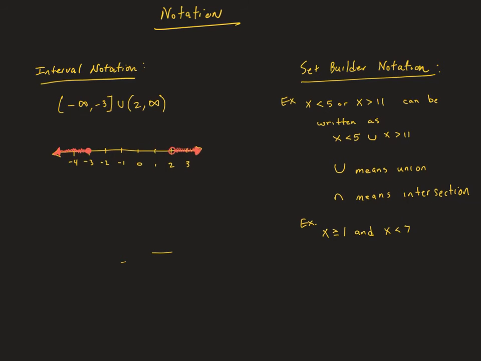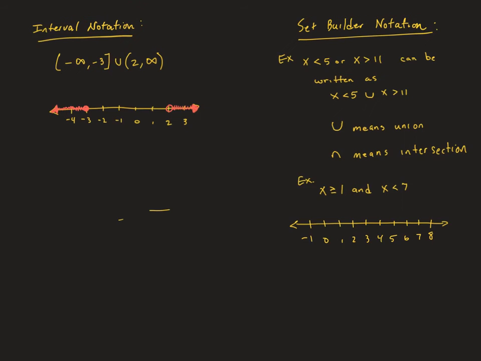But if we were to graph the other one, you're going to see I need to have 7 and 1 on the graph. Okay, so I have x is greater than or equal to 1. So 1 is going to be included because it's equal to, and then it is going to be greater than, so it's everything in the positive direction.